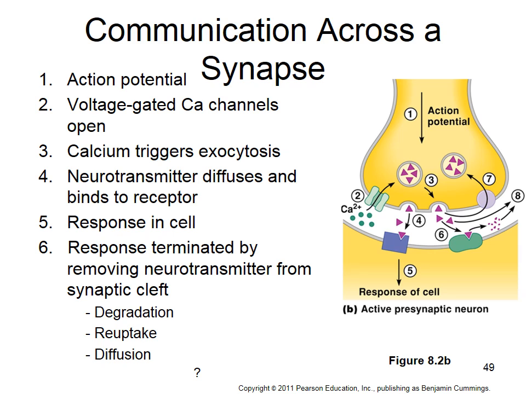Okay, so that would be an example of degradation. Okay, or you could have reuptake. So some of our interneurons in our brain use the neurotransmitter serotonin, and the neurons that release serotonin have a reuptake molecule called serotonin reuptake molecule.